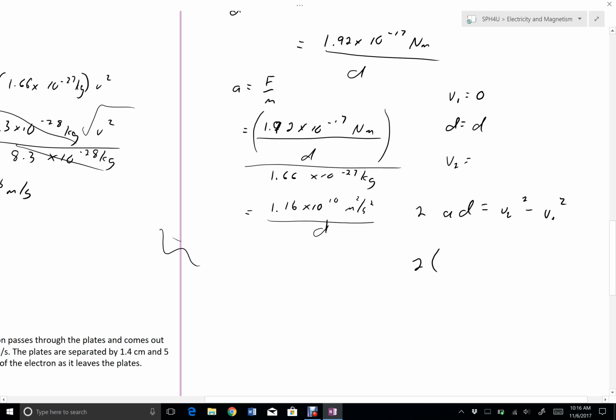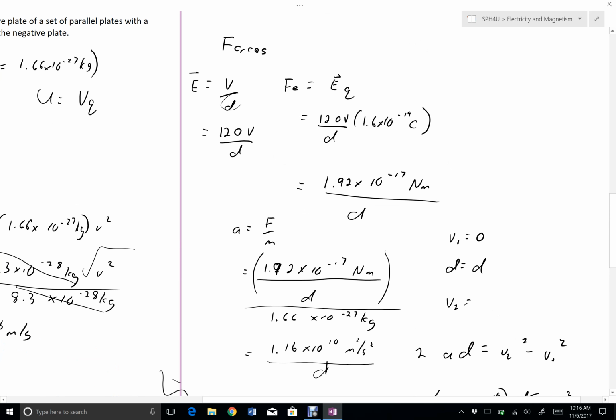So 2 times 1.16 times 10 to the 10 divided by D times D equals V2 squared minus 0. And look, our D's cancel out nicely. So I take this number times 2, square root it, and I get V2 is equal to 1.52 times 10 to the 5 meters per second.